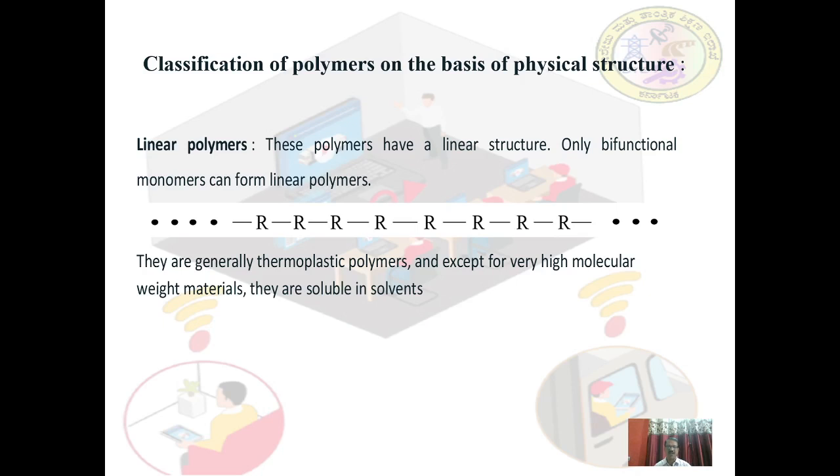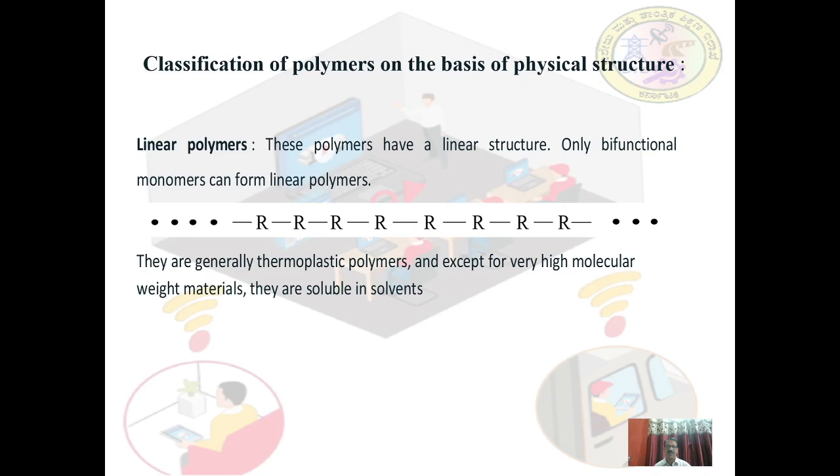This double bond is broken and a second monomer is added so that it produces a dimer. To that dimer, a third monomer is added, then it gives you a trimer, and so on.